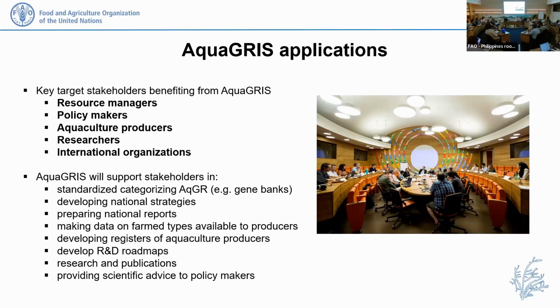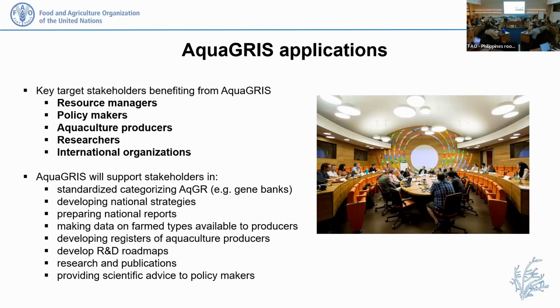If I'm a farmer in a particular area for a particular species, I can go into AquaGRIS and look at the characteristics of the resources that are available to me in my country. It can be used for developing registers of aquaculture producers. It can be used to develop R&D plans and roadmaps. It can be used to support research and publication of research, and it can provide scientific advice to policymakers.